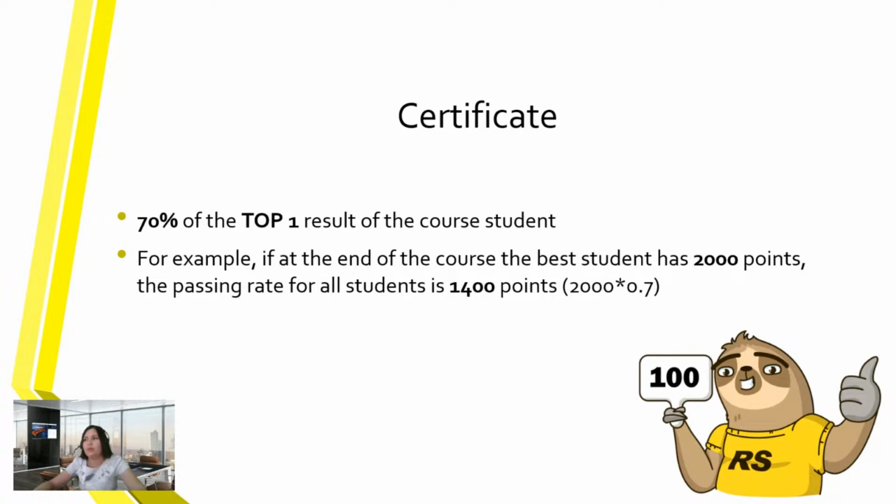You will need to have at least 70% of the top result of the best student. For instance, if the best student receives 2,000 points, to receive a certificate, you will need to have 1,400 points.